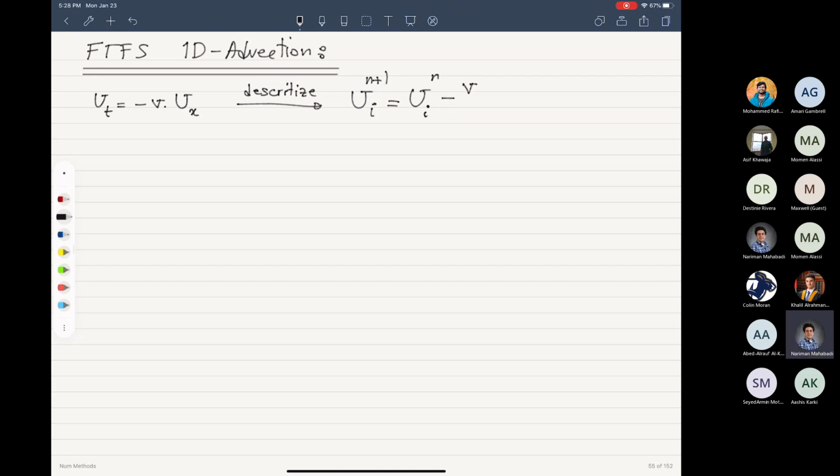Minus v, which is velocity, times delta t, which is the time interval, over delta x, which is the space interval, the x interval. Then here you're going to have the unknown function at the next point in space, right? Again at the current time, minus the unknown function at the current position, current time.